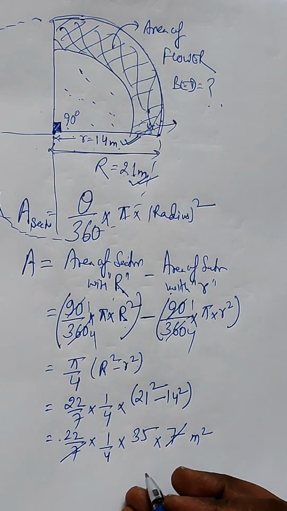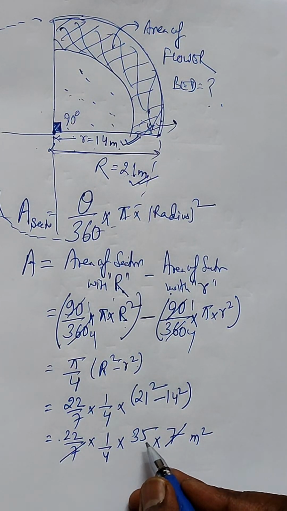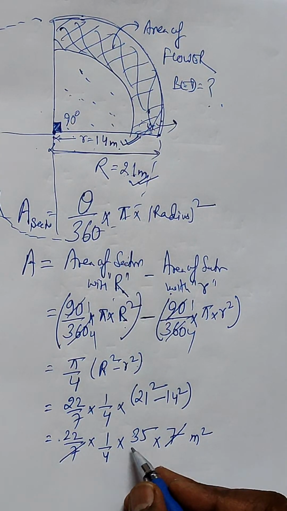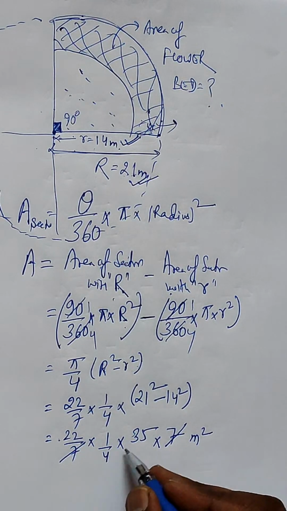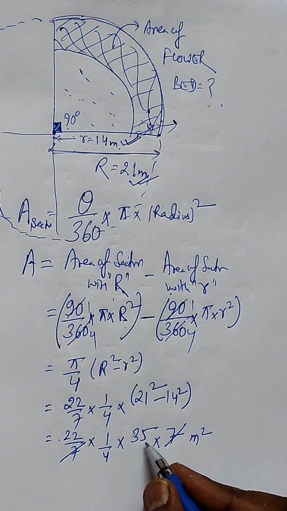And we are left with 35, 22 into 1 by 4 into 35, right?